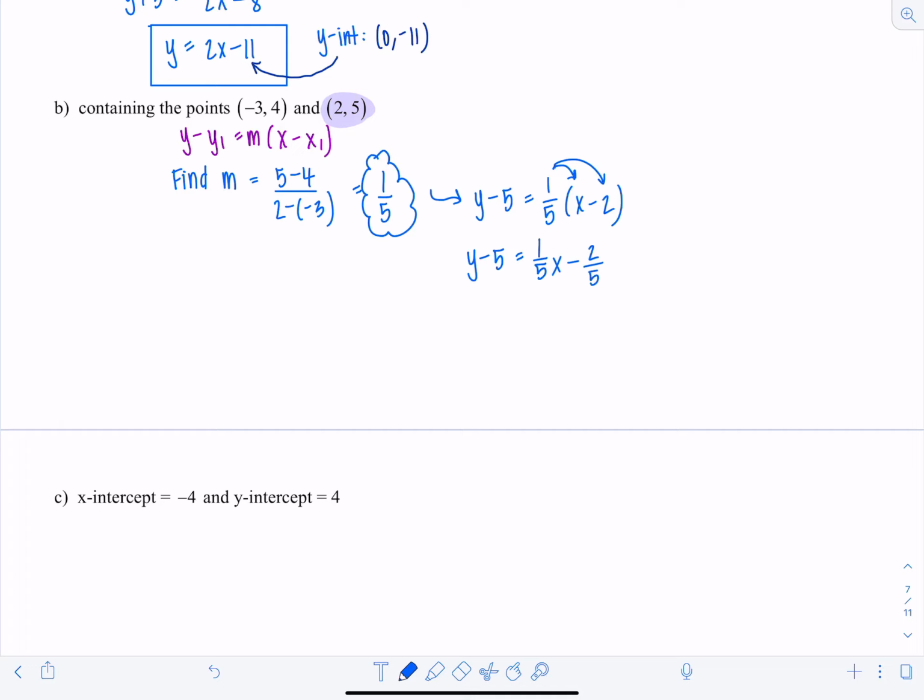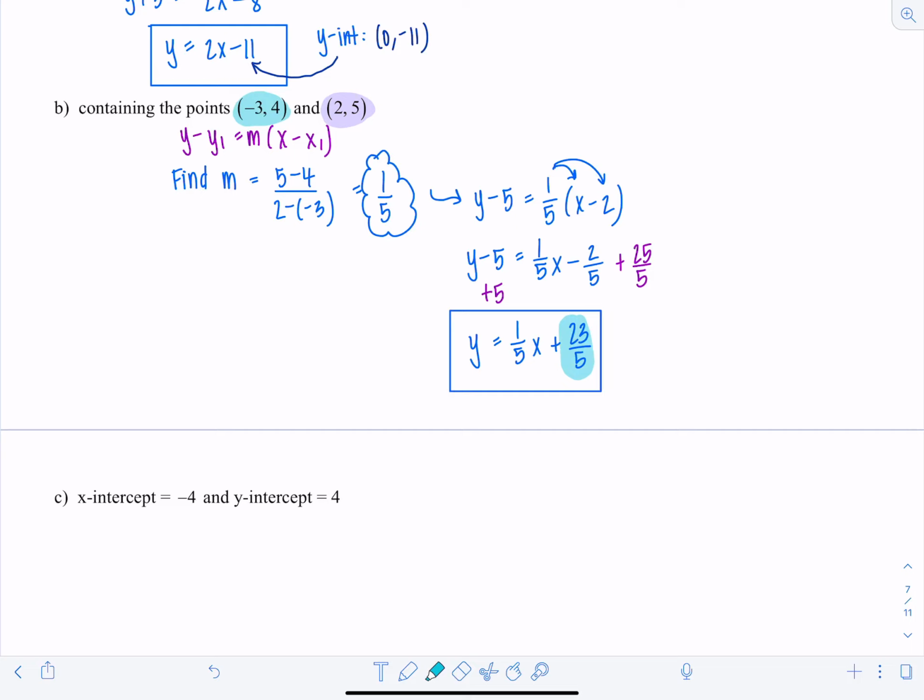And then adding 5, so if I add 5, I'm adding 25 over 5, yes? So y equals 1/5 x plus 23/5. And guess what? I'll let you do the same problem again with (-3, 4) and make sure you get the same thing. So the y-intercept is 23/5. You should verify that, just so you believe it in your heart.